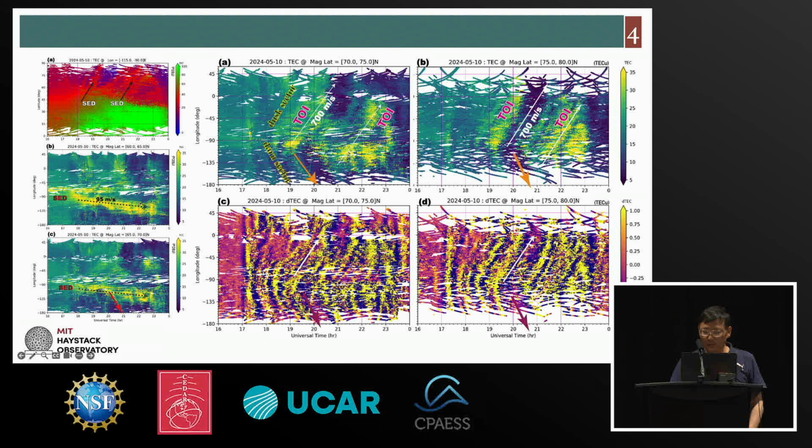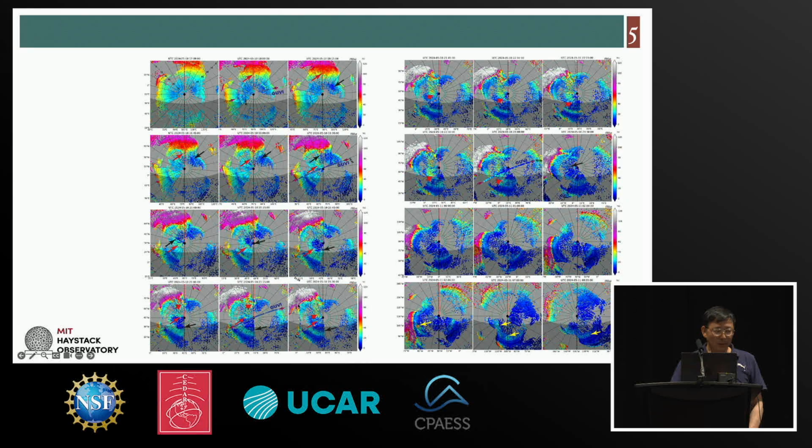You saw these snapshots before in the movie, but I just want to emphasize how the lower density region is moving from dayside through noon into the night side, and then moving anti-sunward into the night side.